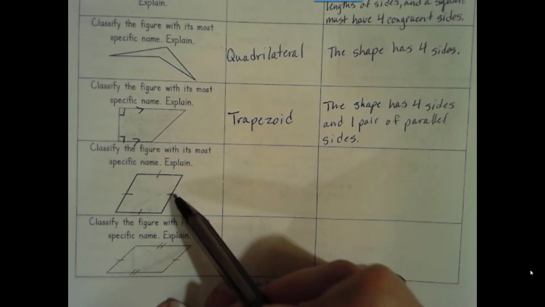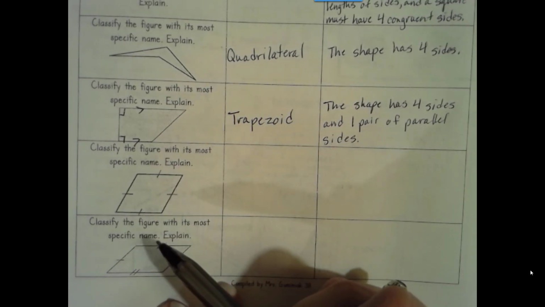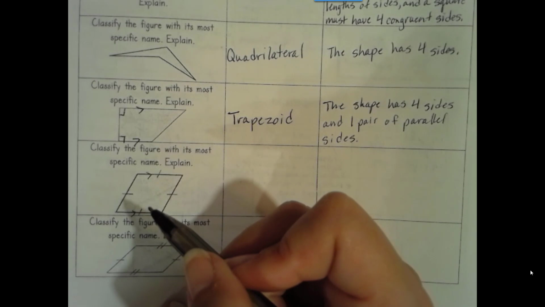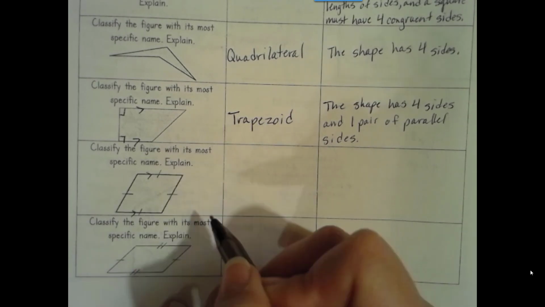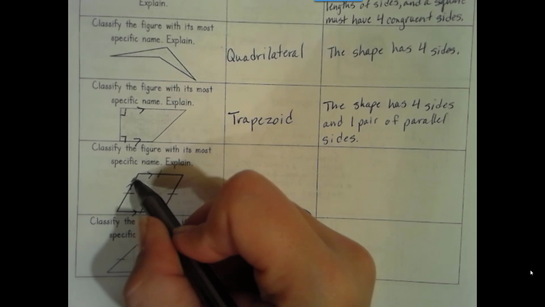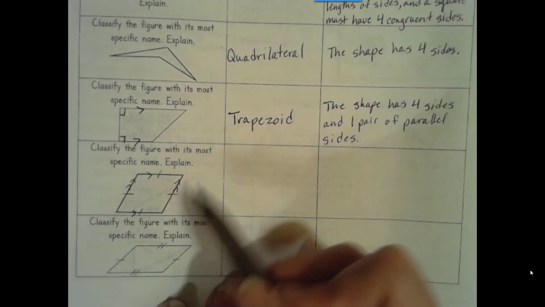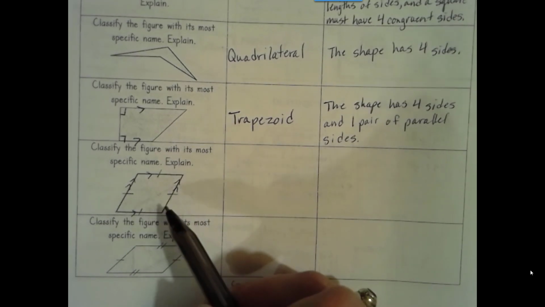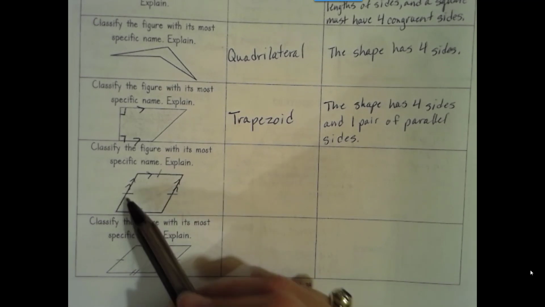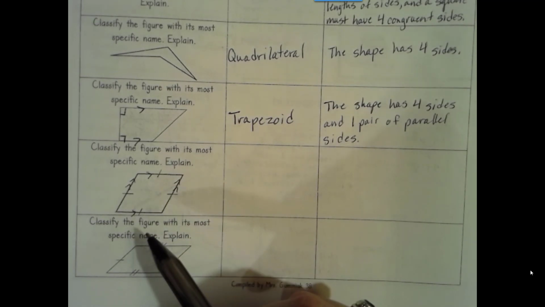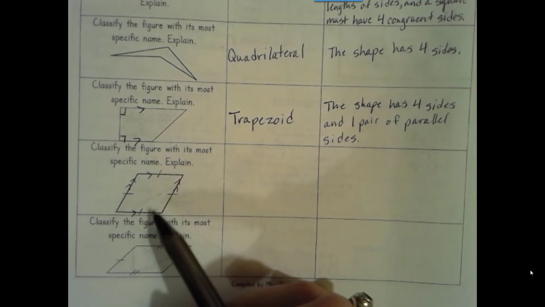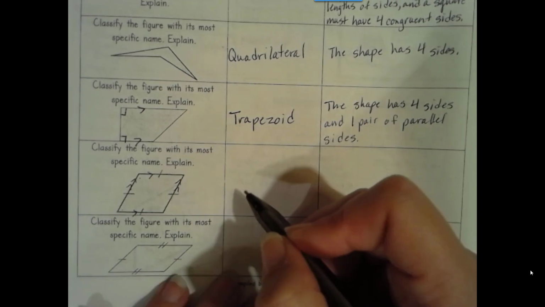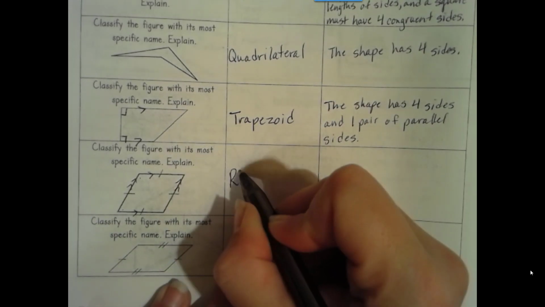Next, we have 1, 2, 3, 4 sides, so it is a quadrilateral. We have these 2 sides are parallel to each other, equal distance apart. They will not cross if I extend them out. These 2 sides are parallel. They will not cross if I extend them out. They're an equal distance apart. So it is a parallelogram, but I have 1, 2, 3, 4 equal sides. So it is a rhombus. I have no right angles. I have 2 obtuse angles and 2 acute angles. So it is not a square. So the most specific name would be a rhombus.